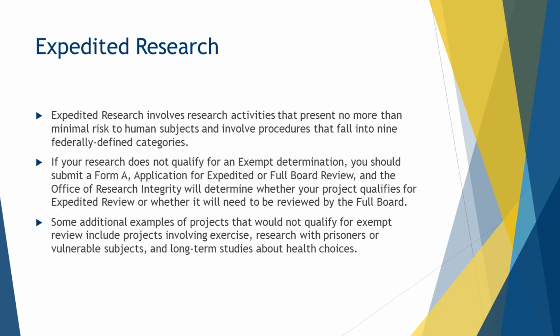Some additional examples of projects that would not qualify for exempt review and so would fall into the expedited category would be projects involving exercise, research with prisoners or other vulnerable subjects, and long-term studies about health choices, for instance.